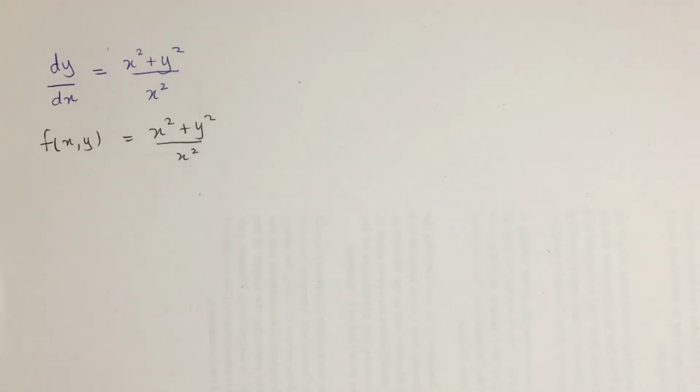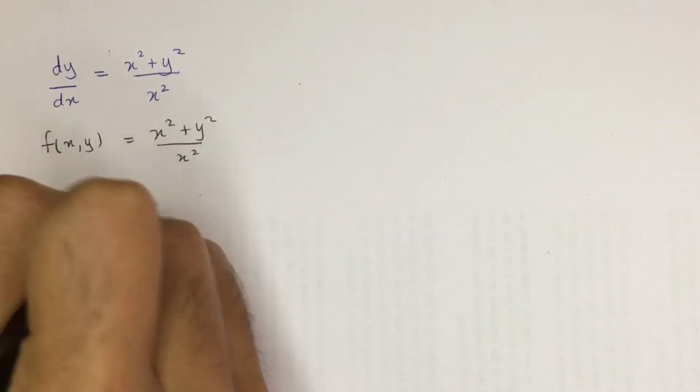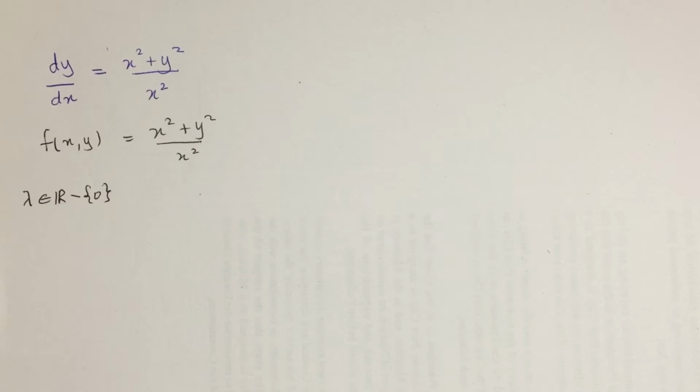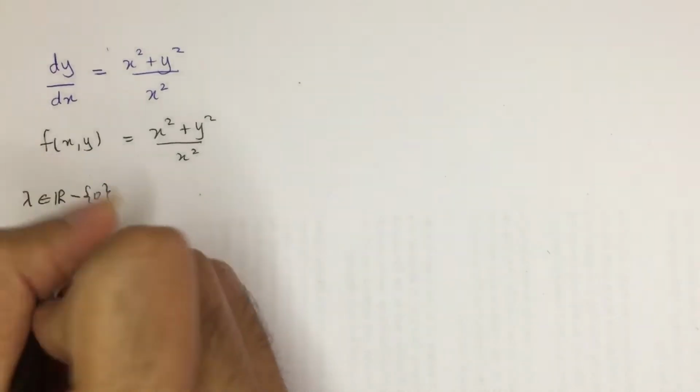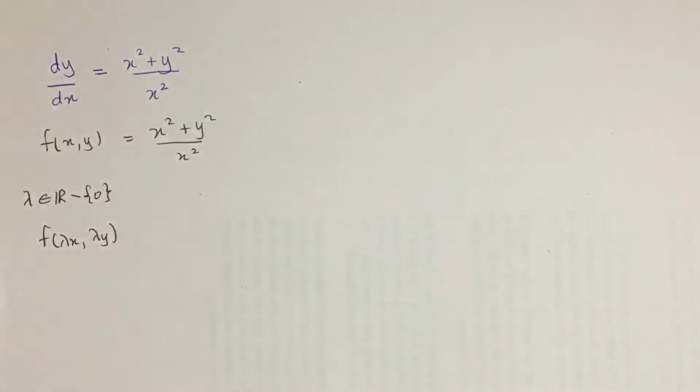Remember that lambda is a real value and a non-zero element. So I'm going to substitute lambda x and lambda y in the position of x and y.